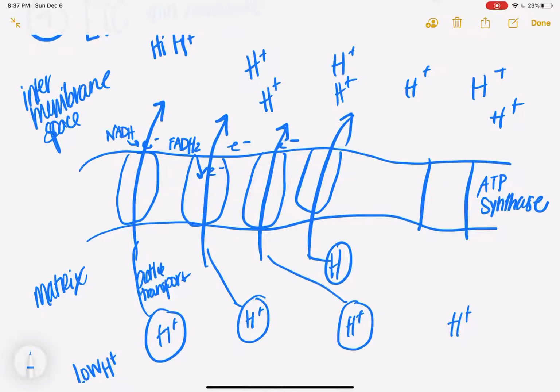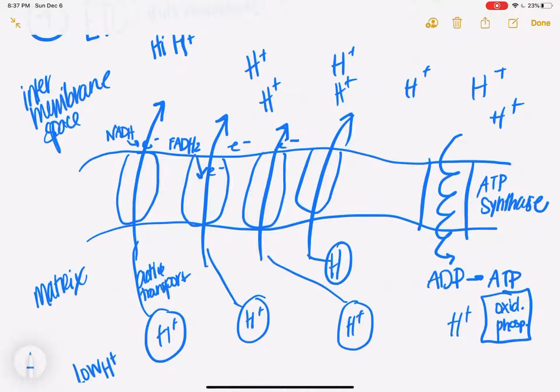And so their way back through is through ATP synthase. And as they go back through, they will cause ADP to be converted to ATP. And that represents our oxidative phosphorylation. Okay? This part is the chemiosmosis.